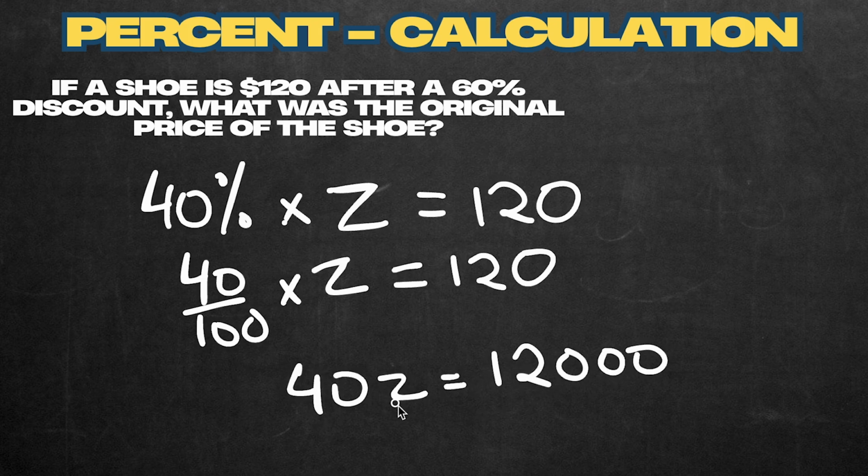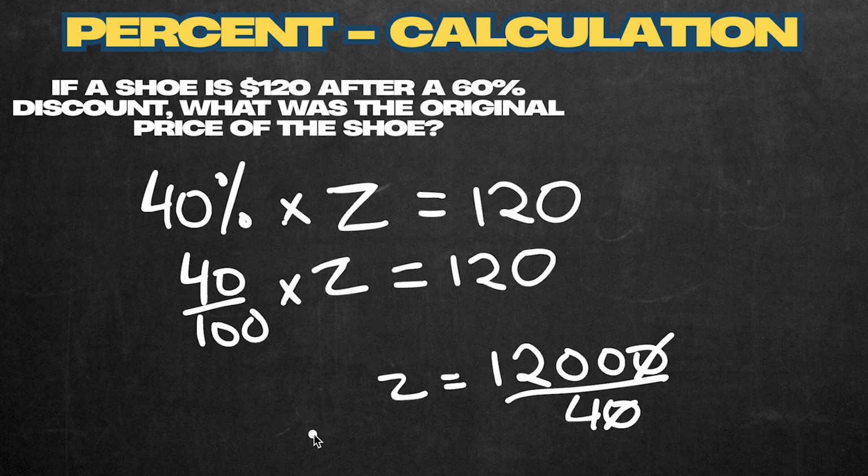And this 40, which is a multiplier here, becomes a divisor on the other side. This 0 will cancel this 0. 1200 divided by 4, so Z equals $300.